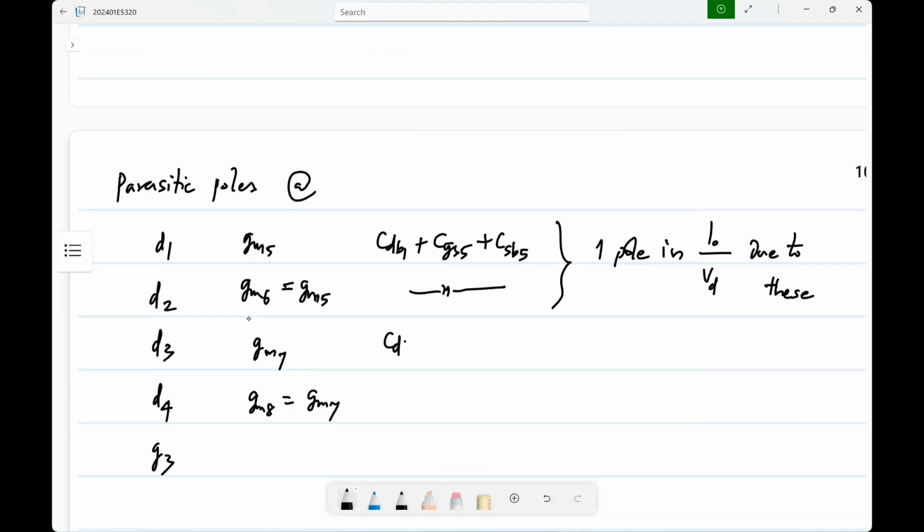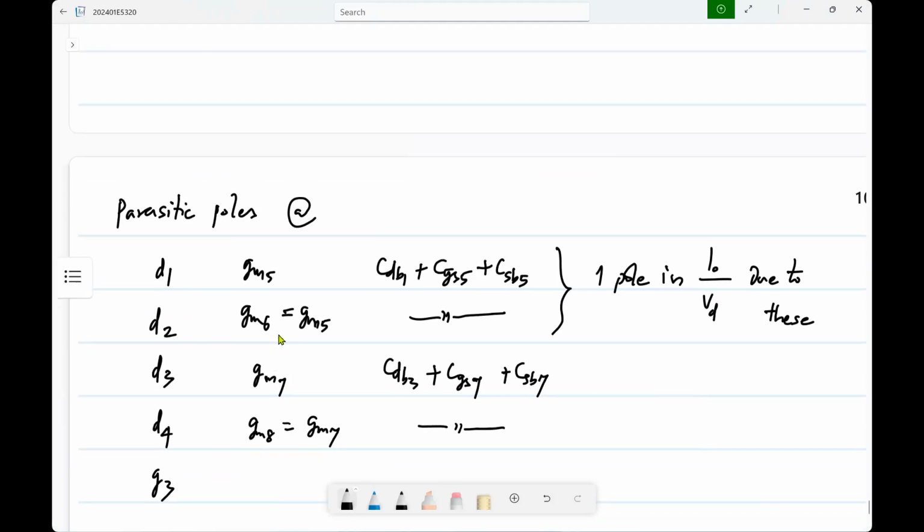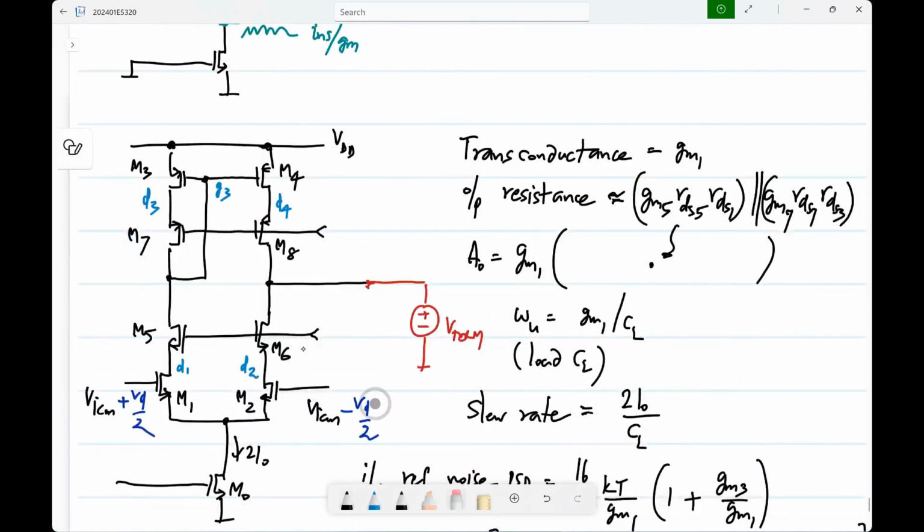It will be CDB3 plus CGS7 plus CSB7, and this is the same. And at G3, what will be the parasitic capacitance? Which transistors contribute to parasitics at G3? M3, M4, M5, M7.